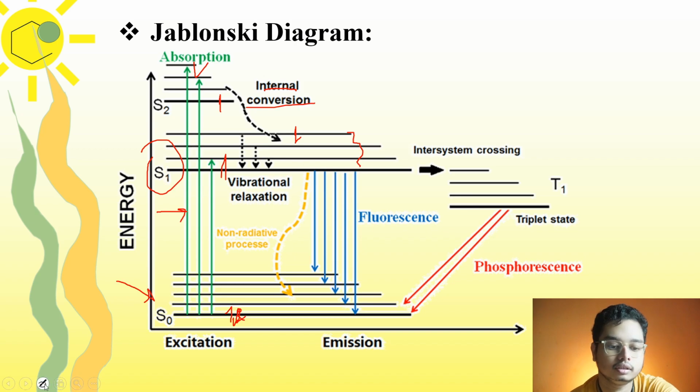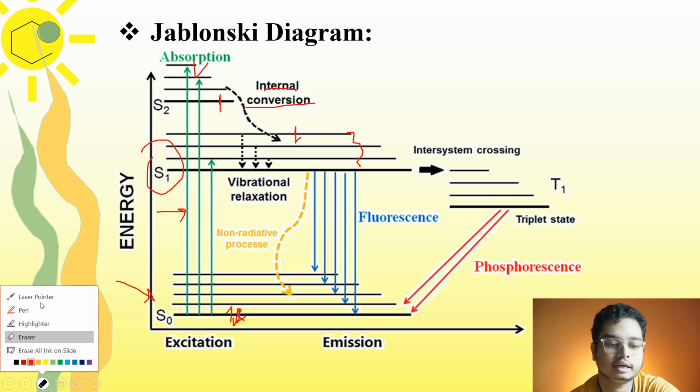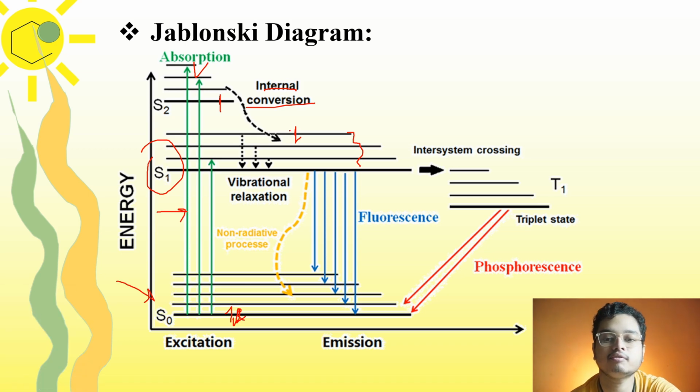Since it has come to the S1 state, it can come into any vibrational state of the S1 state. Now it shows vibrational relaxation to come to the S1 V0 state, and after that it shows a radiative process to come back to the ground state. The radiative process emits some kind of light, and that's called fluorescence.